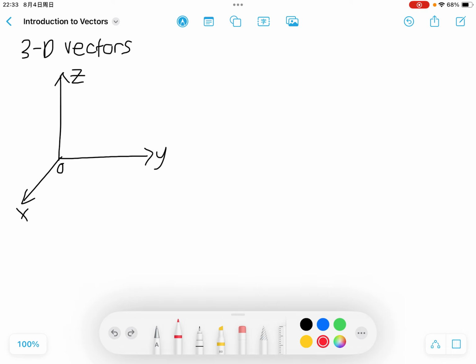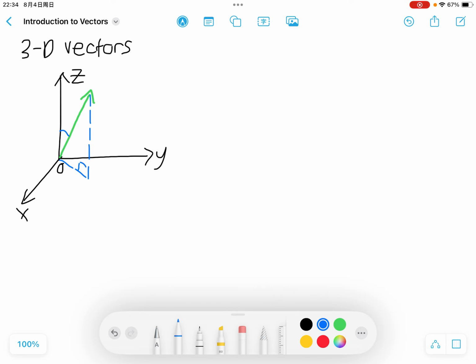So let's say my vector was, I'm going to use green, something like this. Just to make it clear, I'm going to visualize our vector by dropping this line down here. And this is my angle theta, so I imagine that this is our point if we drop it down to the XY plane.